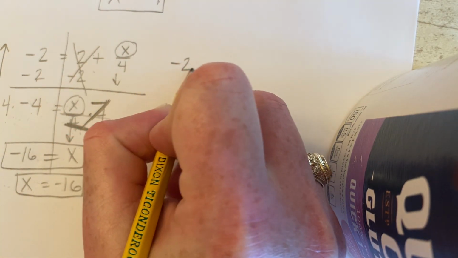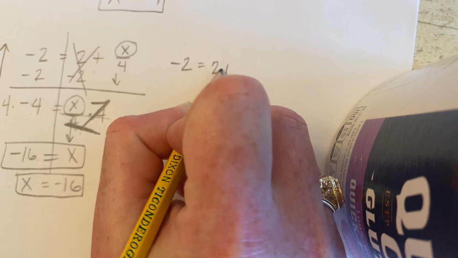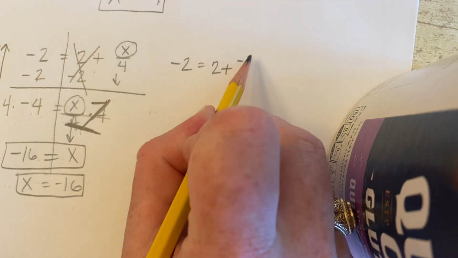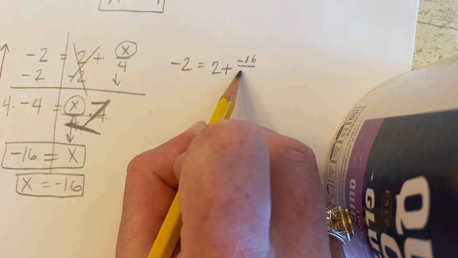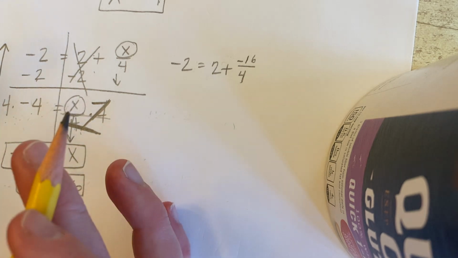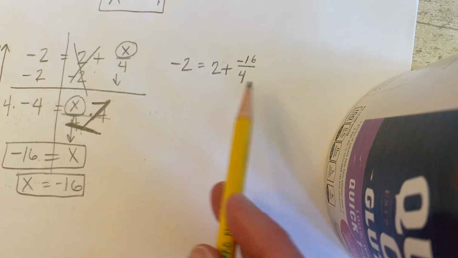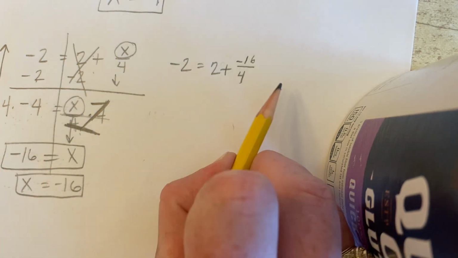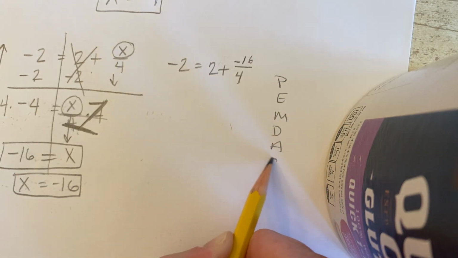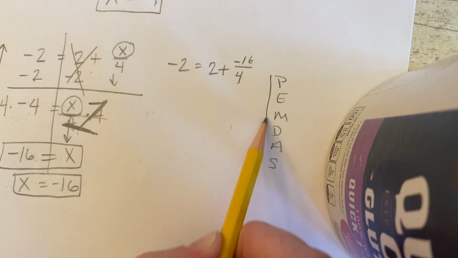All right, so we want to check. We always want to check, especially if we don't have a calculator. We want to make sure our math is good. So we're going to plug in negative 16 for x. That's getting divided by 4. So here, because we're just computing and we're not solving, here we want to do PEMDAS in order. We want to start with parentheses.